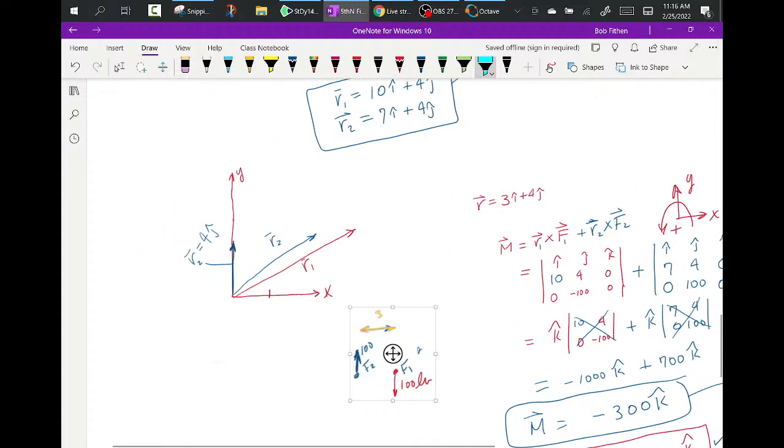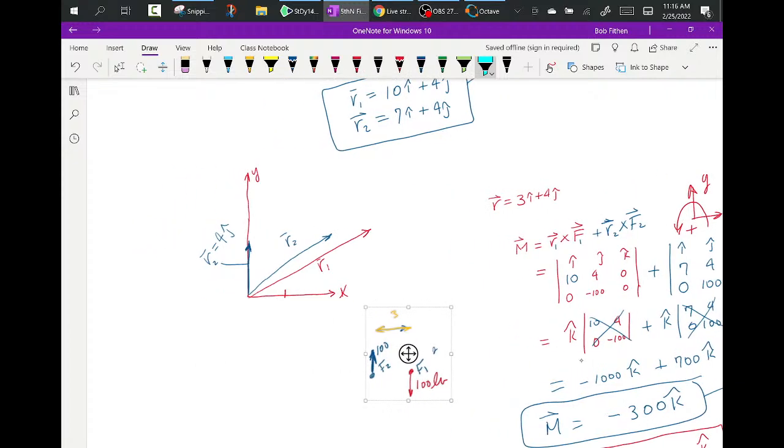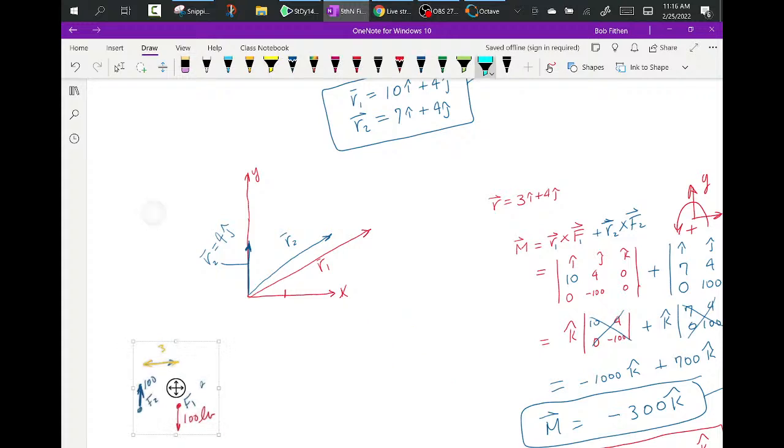That actually is going to be hard to draw my vectors, so I'm going to move it over here, say. Now, the key is a couple of keys. I moved them in unison, and I kept the 3 distance the same.